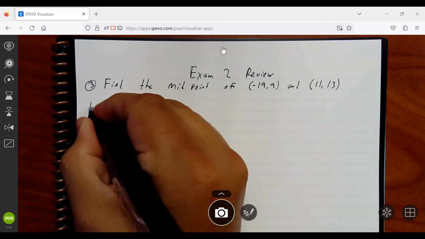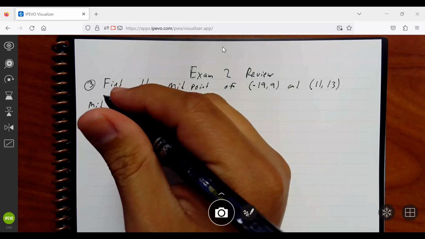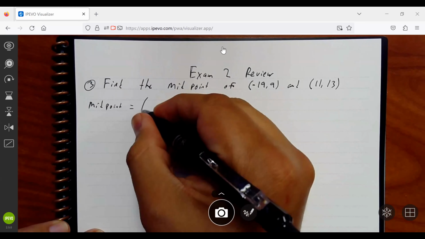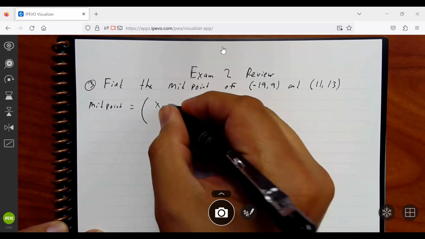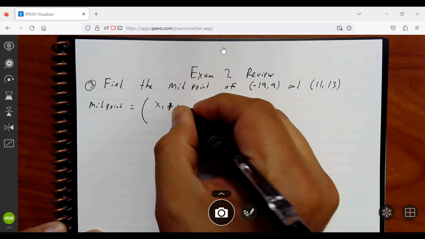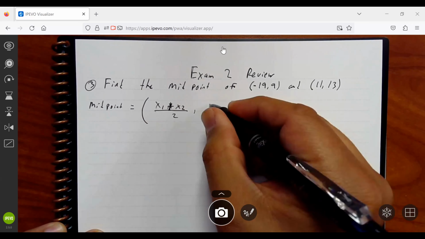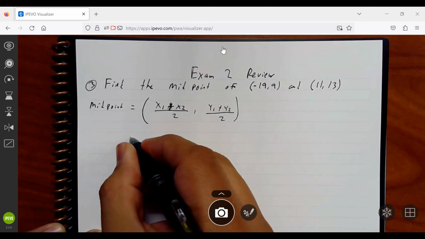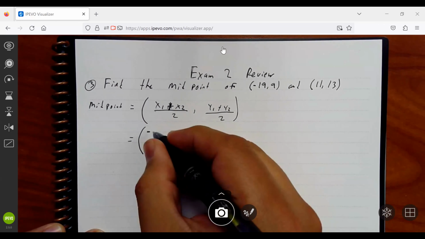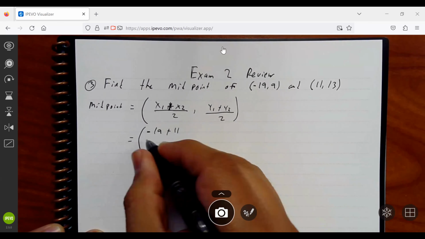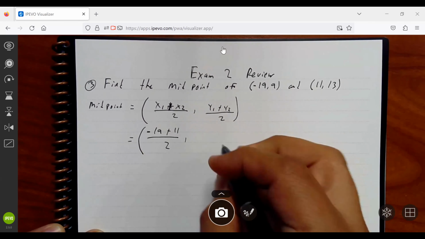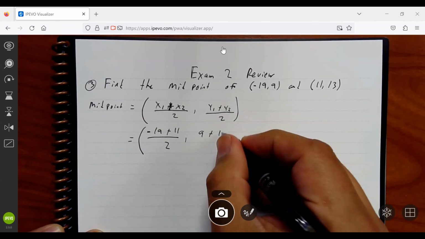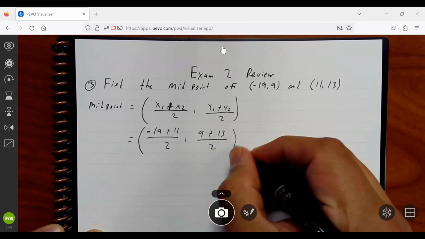So the formula for midpoint, I went ahead and gave it to you on the test, is equal to adding the x's together, divide by 2, add the y's together, divide by 2. So that'd be -19 plus 11, and the y's, 9 plus 13, divided by 2.